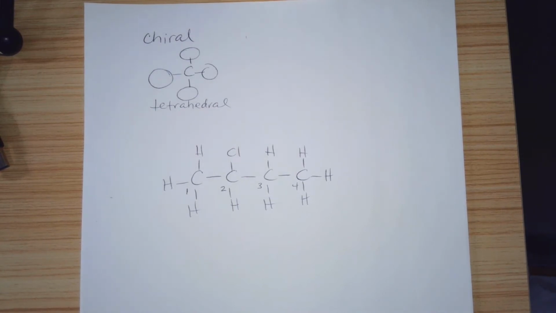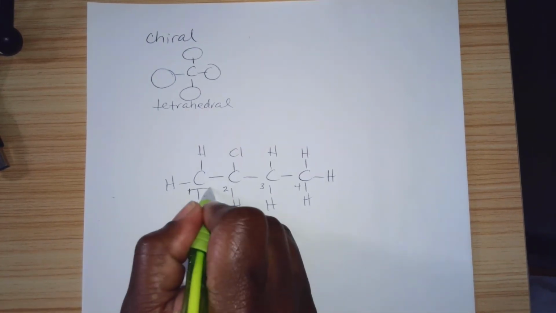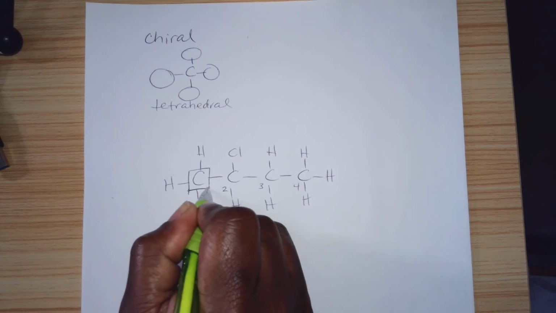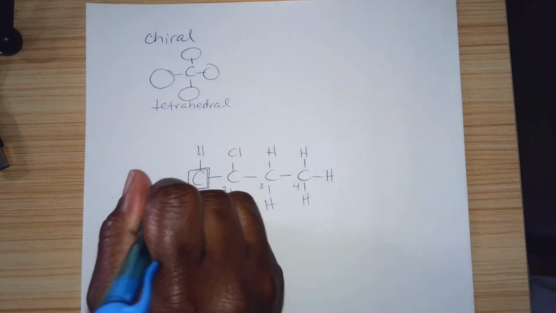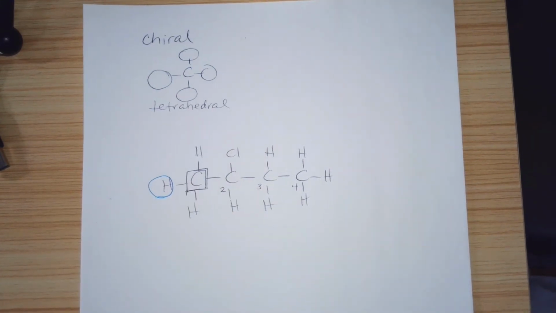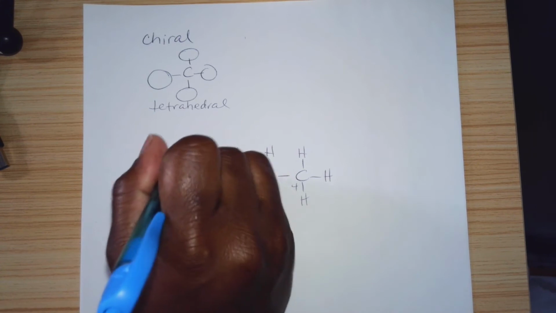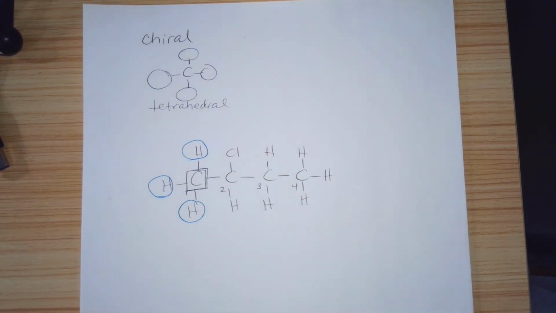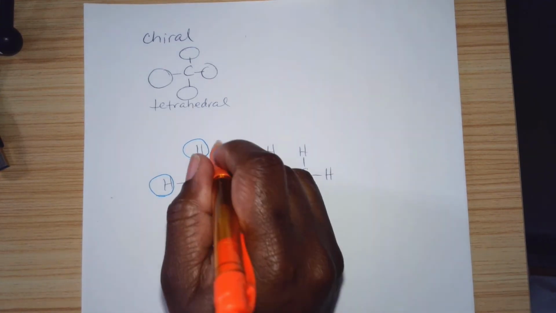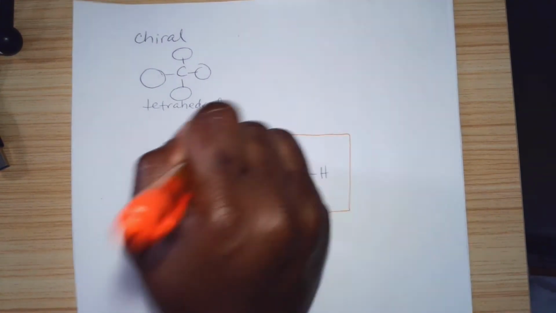If I look at carbon 1, the carbon I'm interested in, it's tetrahedral because it has 4 bonds around it. However, the group to the left is just a hydrogen, the group above is just a hydrogen, the group below is just a hydrogen, but then the group to the right would represent all of this.